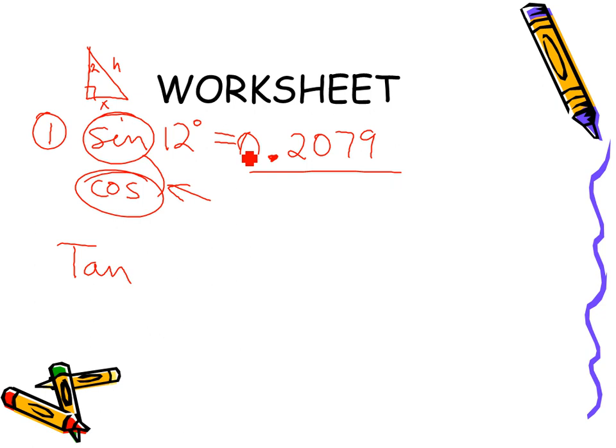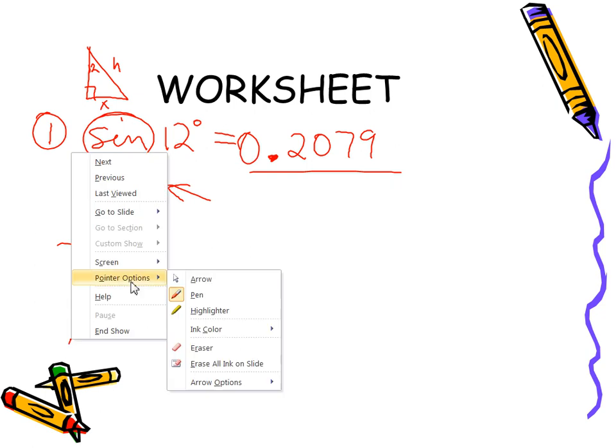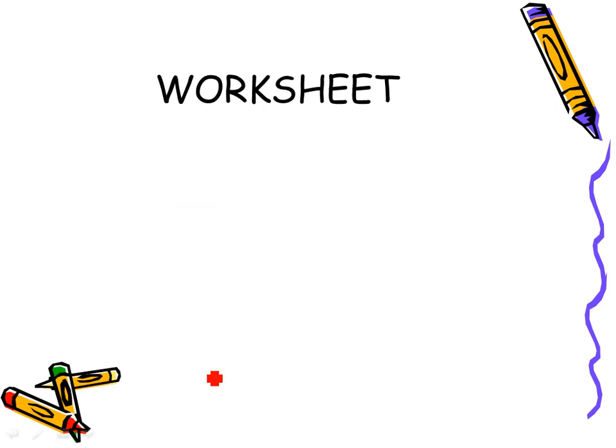Jump down to number 13. Watch how you do this problem. Cosine of x equals radical 3 over 2. You take your calculator. This time we're actually looking for that x there, which is the angle. So you've got to do it backwards.